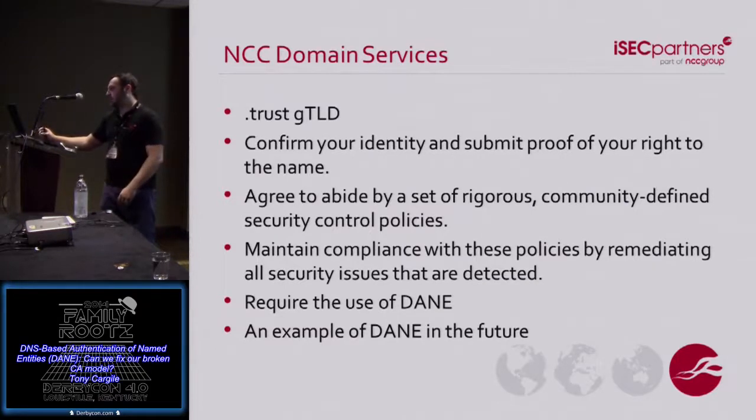The way they do that is NCC Domain Services would validate their identity. It would go through a set of rigorous security control policies. It would be actively tested by testers, and they would have to maintain this compliance while they held the .trust gTLD.